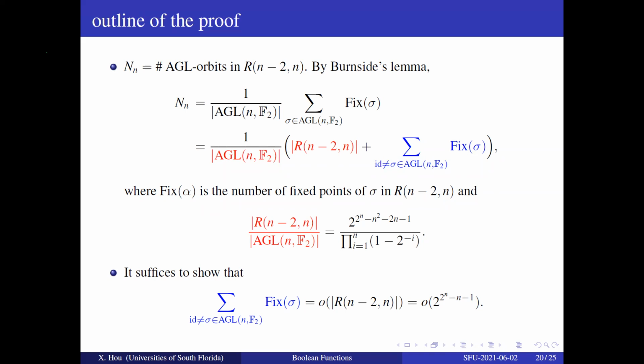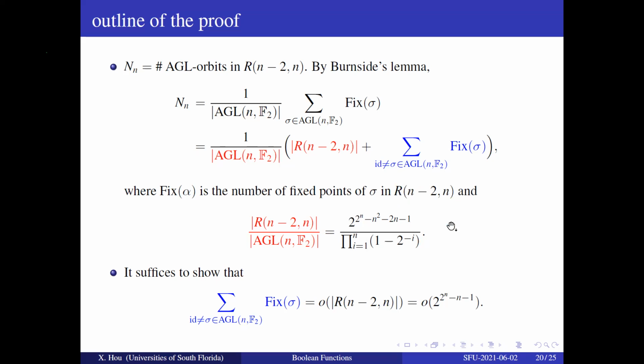Burnside's lemma says that the number of orbits is equal to 1 over the size of the group times this sum, where this little sigma runs through the entire group, and this fixed sigma, somehow I changed the sigma to alpha, but this should be sigma, is the number of fixed points of sigma in the set.